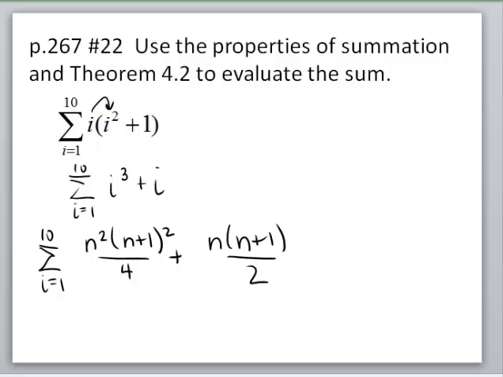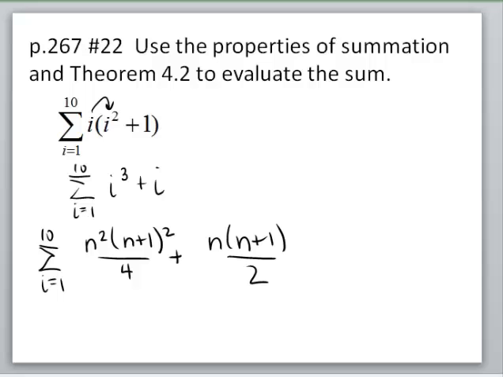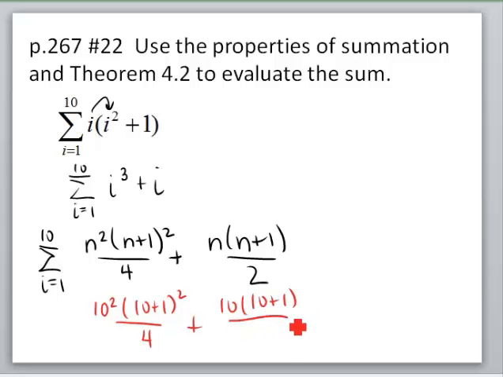And then the next thing I need to do is that my n in the summation formula is the top number up there. So I'm going to plug in 10. I have 10 squared times 10 plus 1 squared all over 4 plus 10 times 10 plus 1 all over 2.